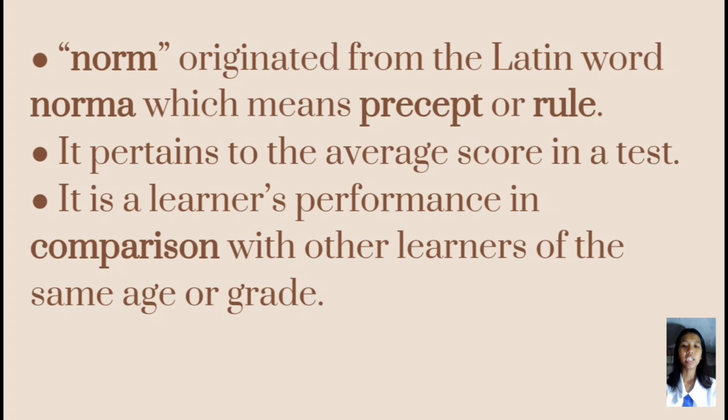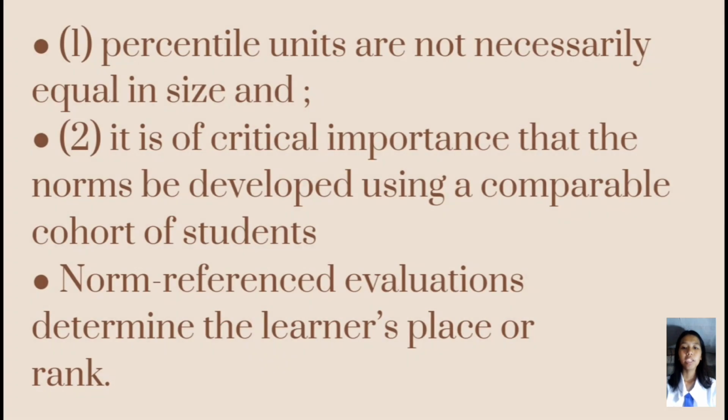When using percentile ranks, Campbell in 1995 interprets that percentile units are not necessarily equal in size, and it is of critical importance that the norms be developed using a comparable cohort of students. So kanang ma-compare na experience at student.